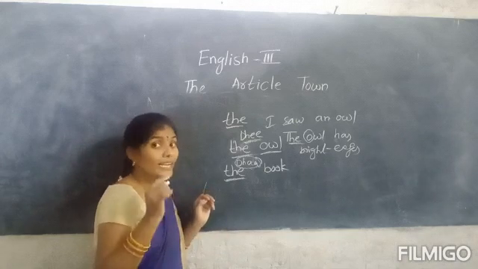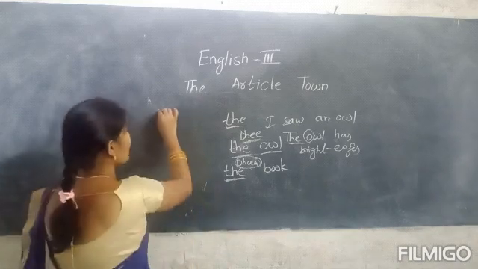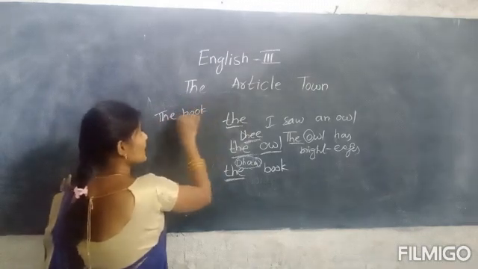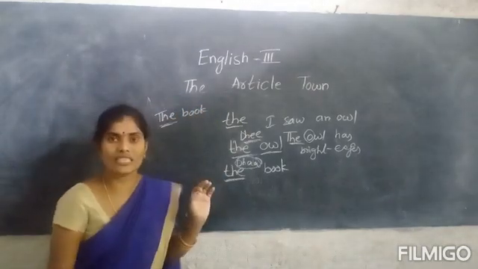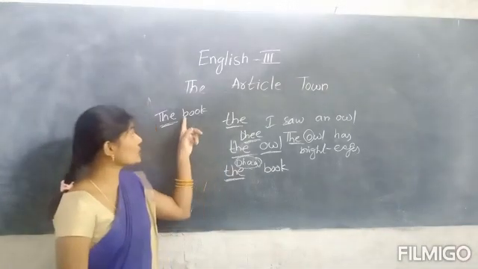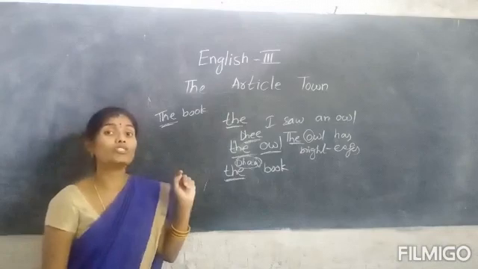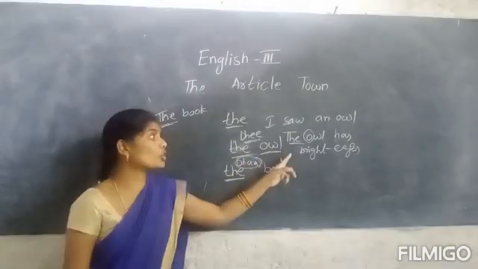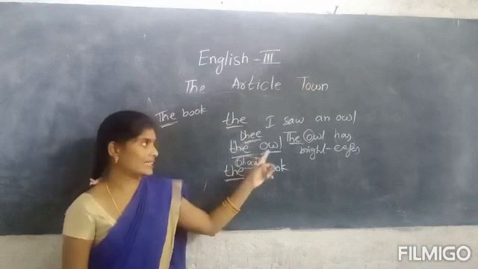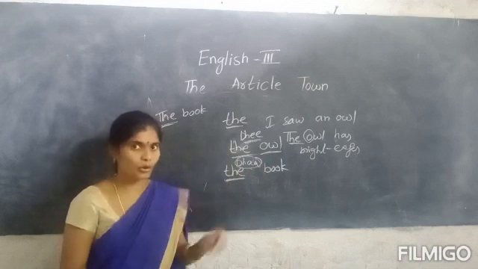Consonant sound, before that I gave the example: the book cost is 50 rupees. Here before the consonant sound we have to pronounce thuh. Before the vowel sound, we have to pronounce thee. Okay?